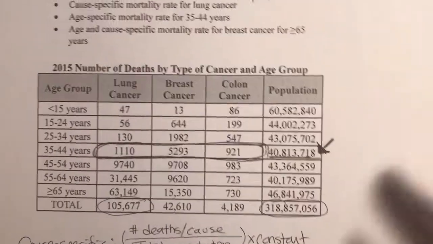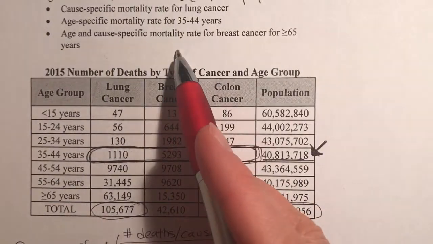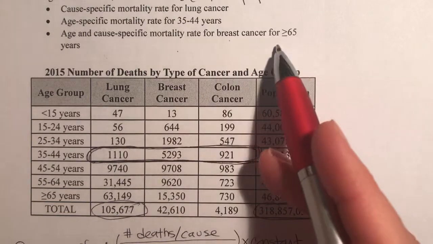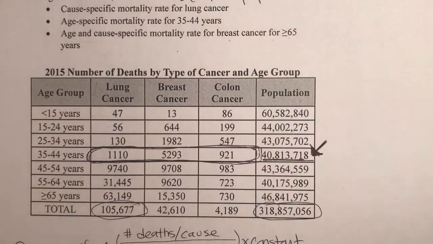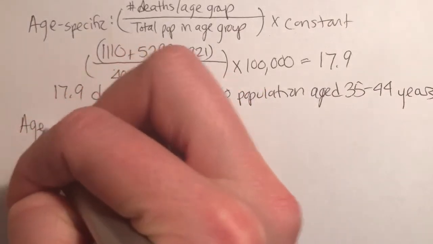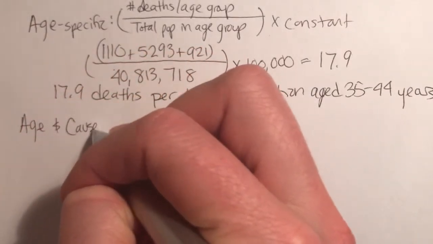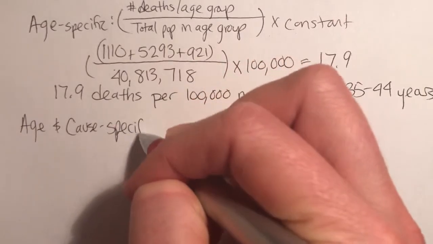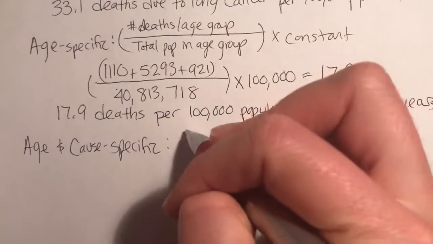Last but not least, we're going to do an age and cause-specific mortality rate for breast cancer for those that are over the age of 65. So let's go ahead and just write out what our equation is for age and cause-specific. Okay, so now we're going to combine them.